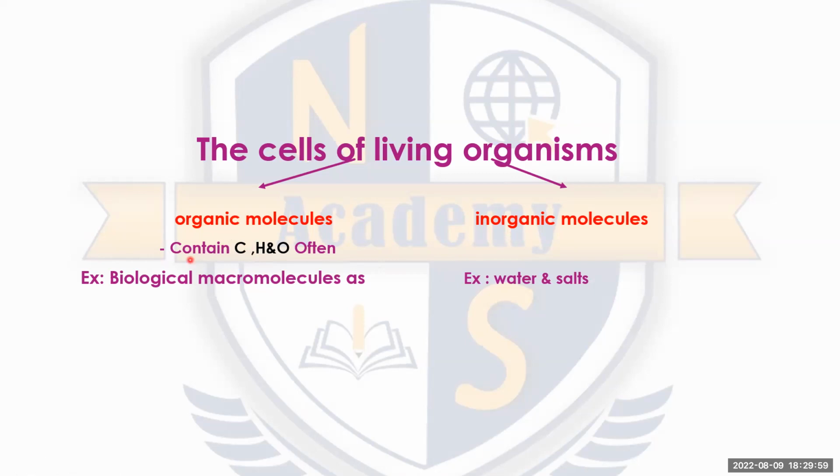Besides carbon, sometimes we have hydrogen, oxygen, nitrogen, sulfur, phosphorus, according to the type of the molecule. So inside our bodies, we have organic molecules that must contain carbon atoms.